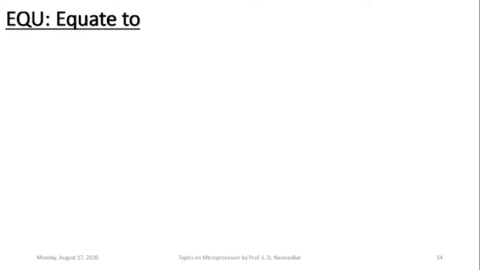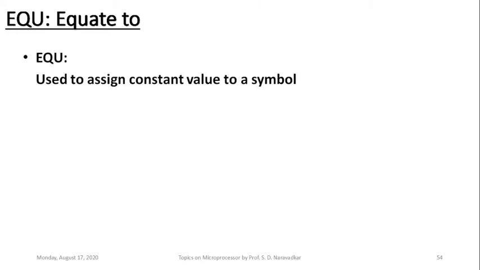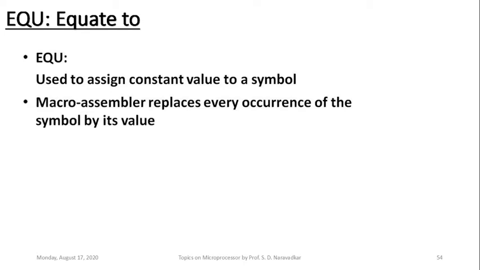Now next is EQU, equate to. Basically this equate is used to assign a constant value to a particular symbol. Now basically, with this particular assembler directive, the macro assembler, which we normally call MASM, replaces every occurrence of the corresponding symbol by its value.